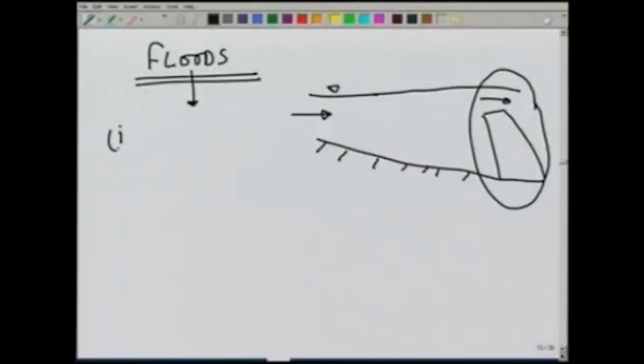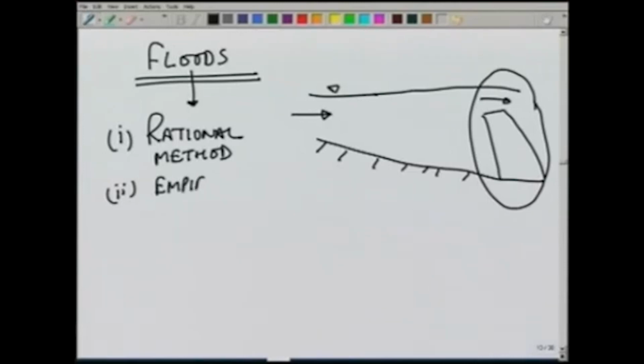For example, rational method, or we can have some empirical methods. We have already seen and we have discussed in details the hydrograph theory.